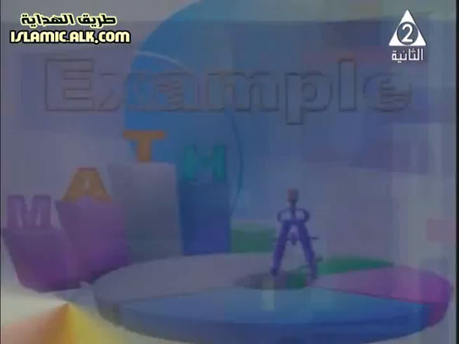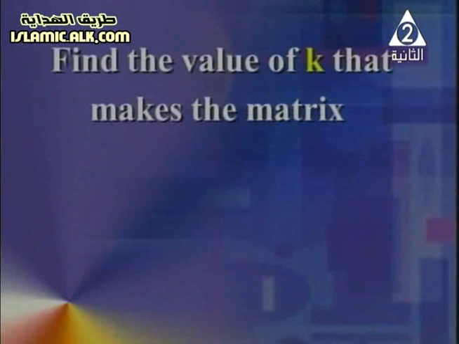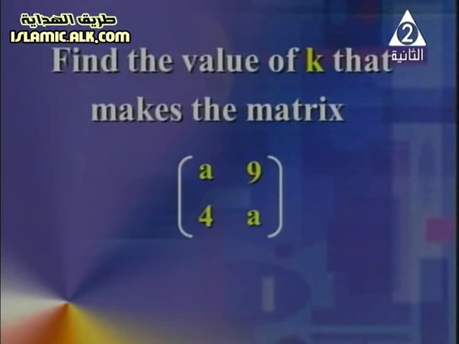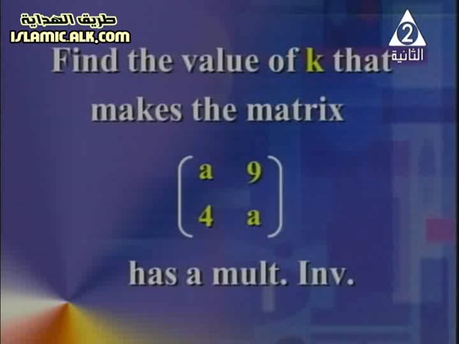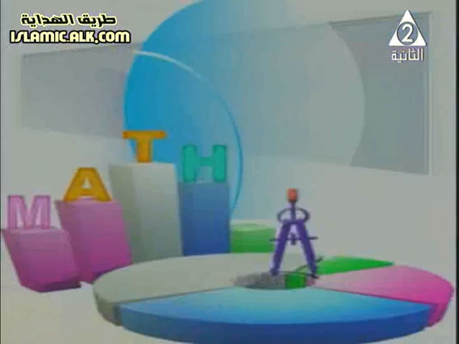Another example. Find the value of A that makes the matrix [9, 4; A, A] have a multiplicative inverse. Determinant equals 0.